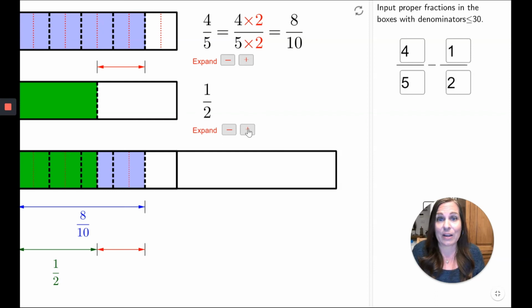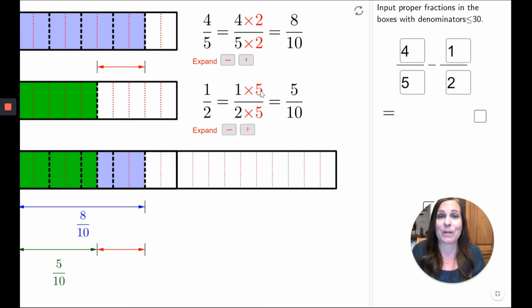Then with the 1/2, I can keep multiplying. 2, that's not enough. By 3, that's not enough. Not enough. There we go. Multiply top and bottom by 5 to get 5/10. So over here, I have now rewritten my problem with a common denominator.